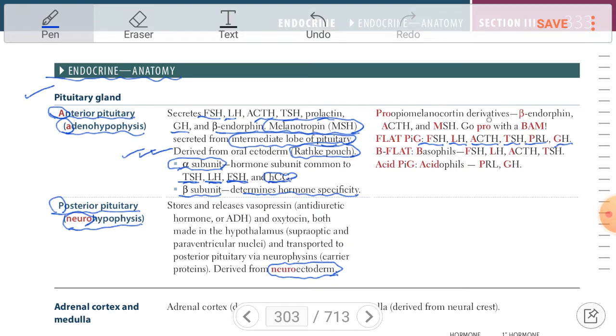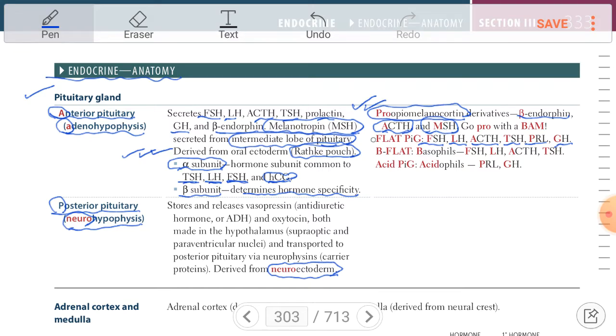Then you have the most important part here, pro-opiomelanocortin. What is pro-opiomelanocortin? Its derivatives are beta endorphin, ACTH, and MSH. What is the most important here? MSH and ACTH. Why?